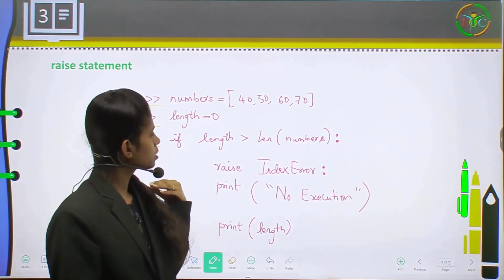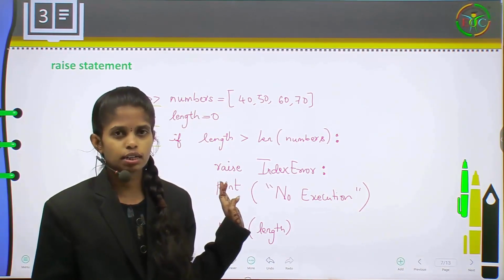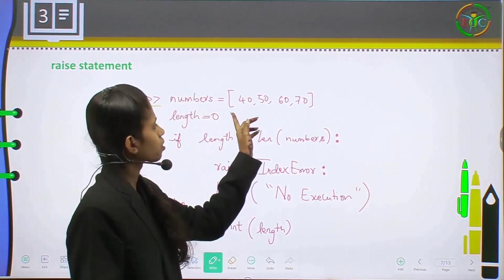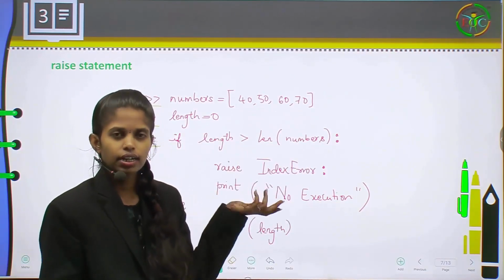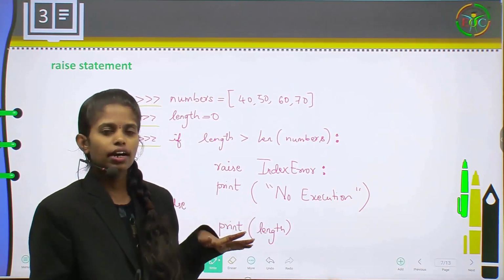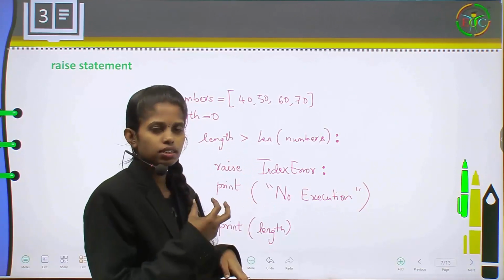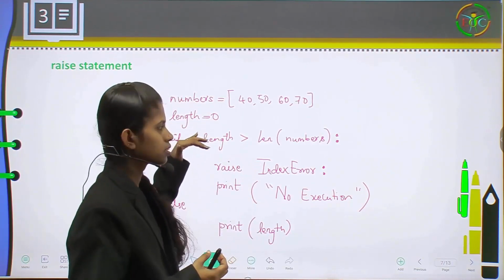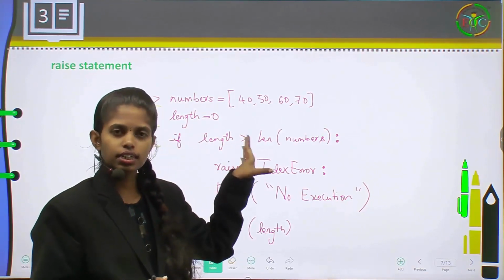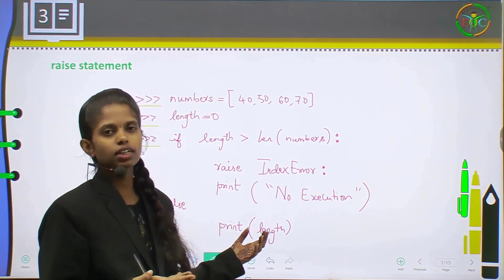Now what I should do is find the length of the list called numbers, because numbers is the name given for the list that you created. You should find how many elements are stored in it, and whatever length you have assigned, if it is getting greater or becoming lesser, then at that time you should raise an exception.